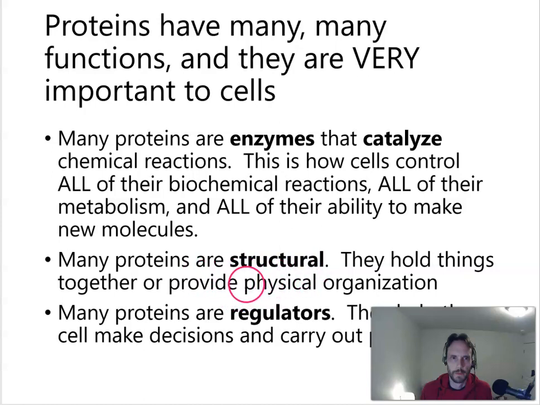Structural proteins: you build things out of proteins. And then regulators help a cell decide to do things. So they're basically enzymes that are going to make other enzymes work differently. And that's pretty cool.